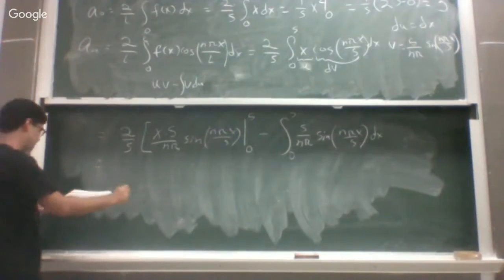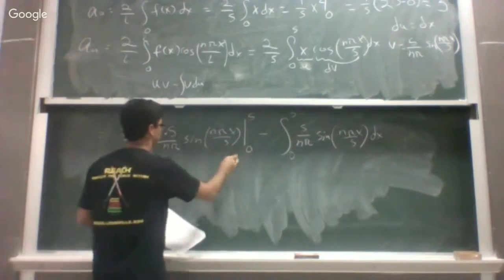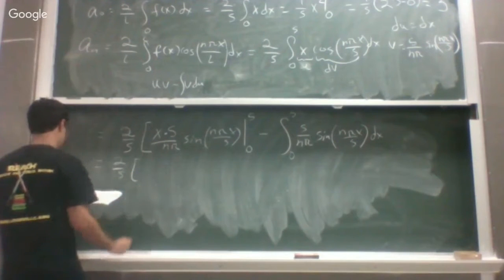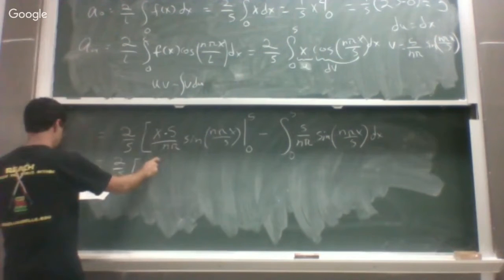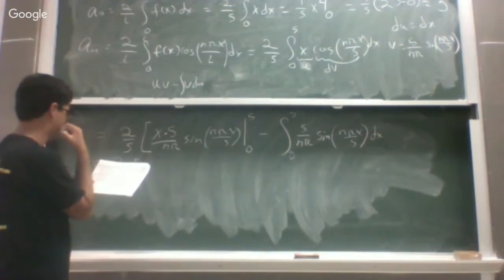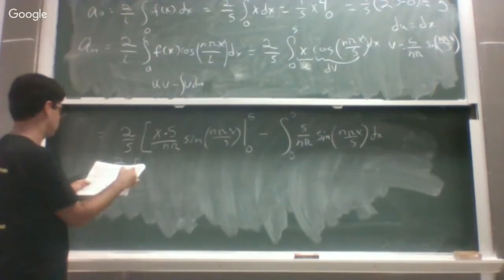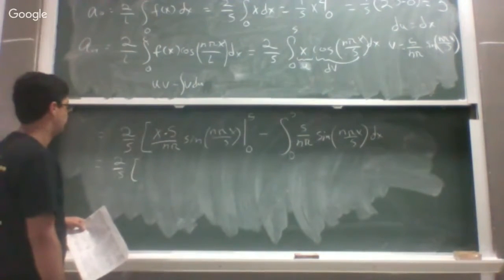So for this part, we have a value for x of 5 and 0. So we have 2/5 times, essentially, this is 25. The 5s should cancel out, so we have 2 over n pi.